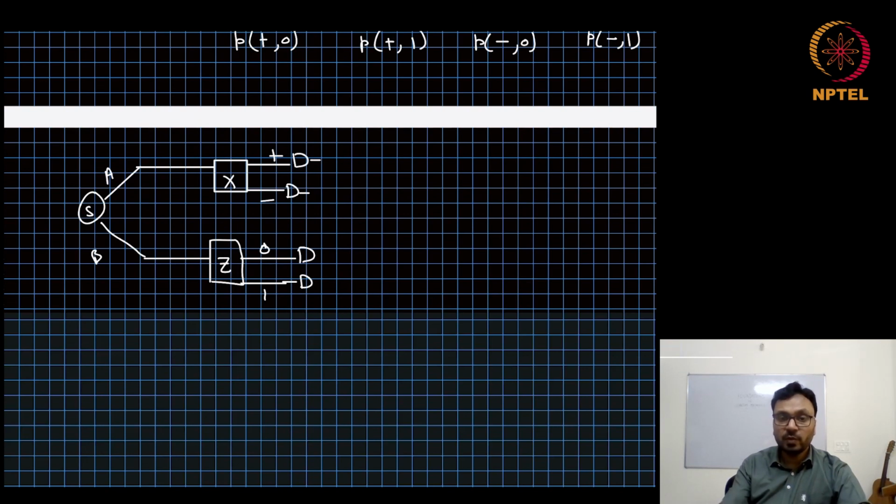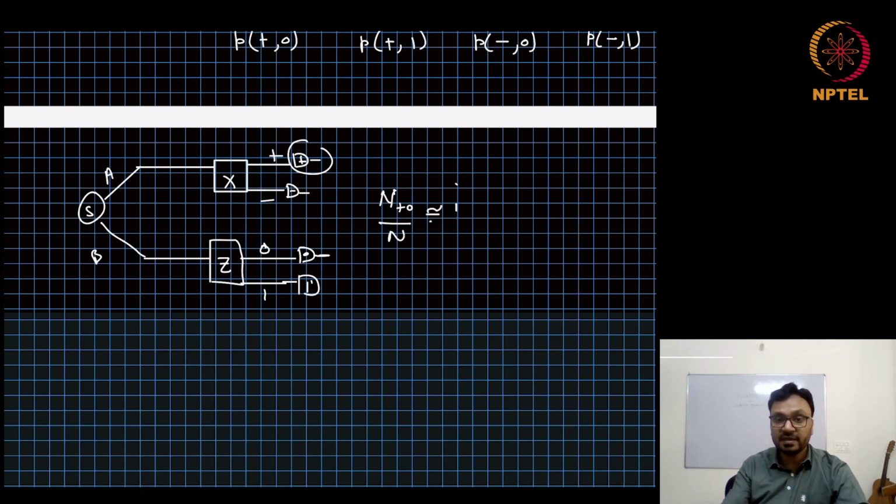So when the plus detector here clicks and the 0 detector here clicks, when plus and 0 detectors click, we take all those incidences when the plus in A and 0 in B clicks, and let us say it clicks n plus 0 number of times, and the total number of pairs of the qubits was n.